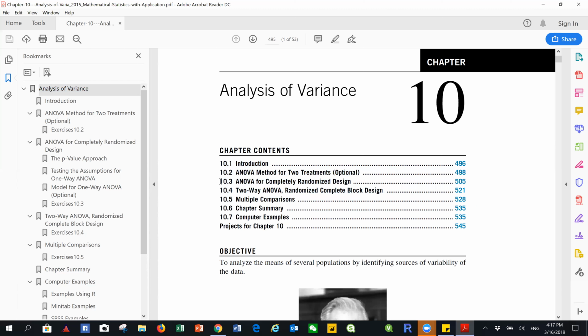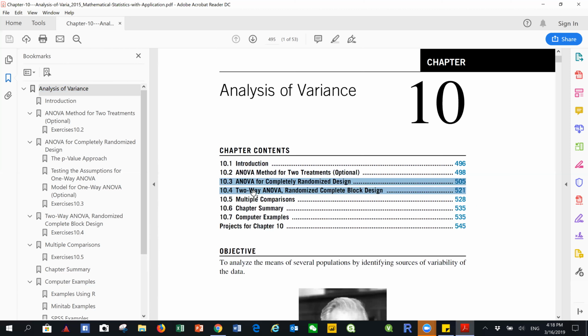So in 10.3 and 10.4, the difference is that one is one-factor, one-way ANOVA, and the other one is two-way ANOVA. Method-wise they are the same. One-way ANOVA is randomized: you randomly assign a subject to take a specific treatment.